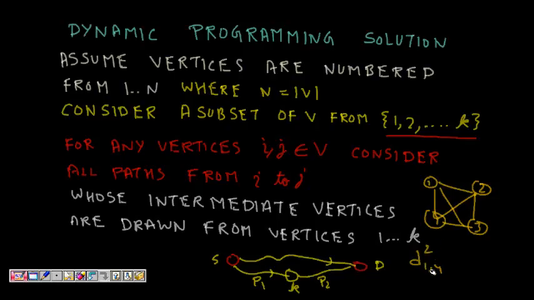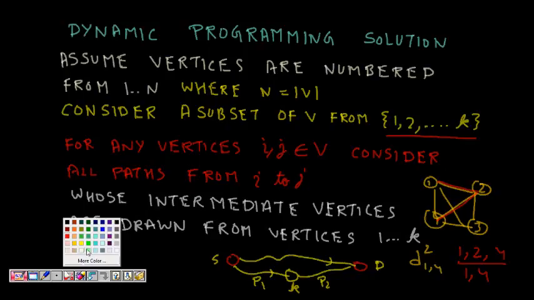So this means the distance from node 1 to 4 using only intermediate nodes 1 and 2. It means I can choose 1, 2, 4, and let's say all edges are of weight 1, so this is one possible path. Another possible path is 1 and 4 directly, because I am not using any intermediate node. So 1, 4 is also fine.